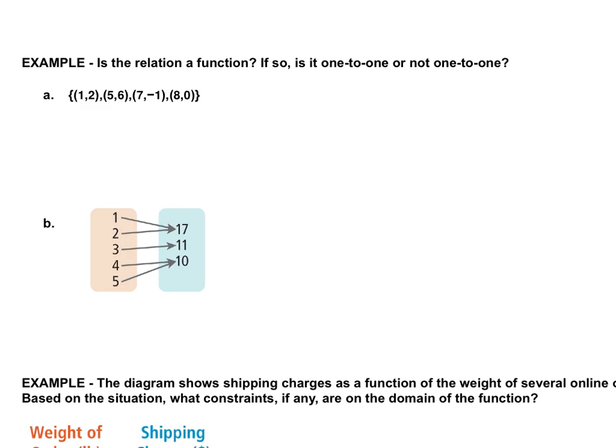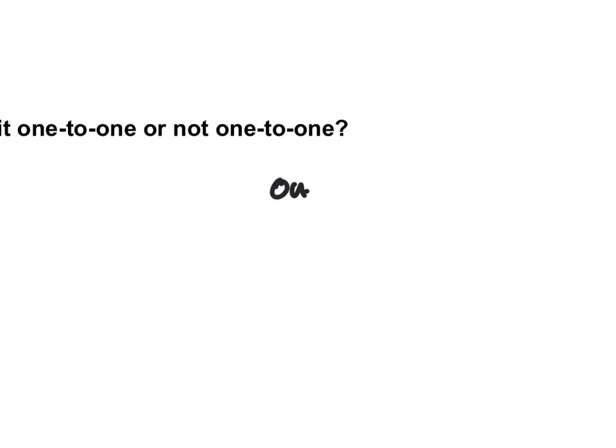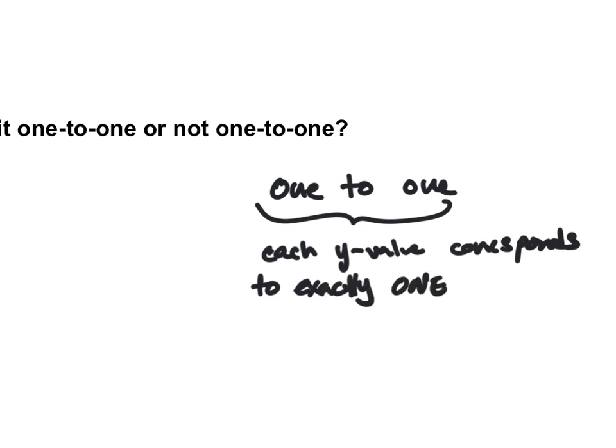All right, so on this last page, the example asks, is the relation a function? If so, is it 1-to-1 or not 1-to-1? So let's talk about what it means to be 1 to 1. And what that means is that each y value corresponds to exactly one x value.